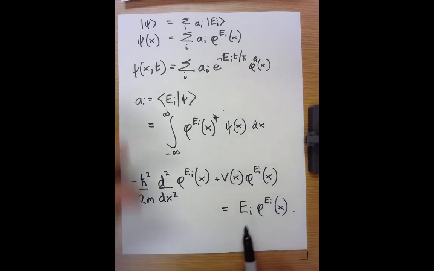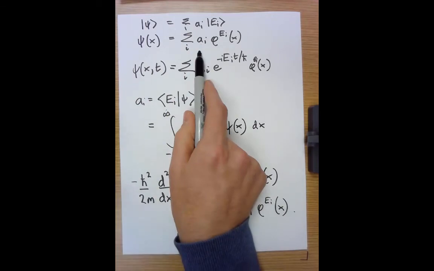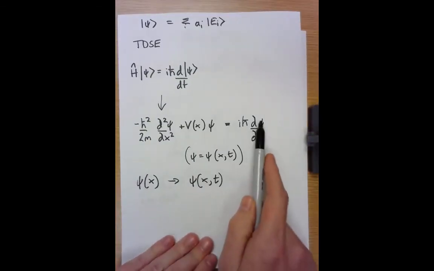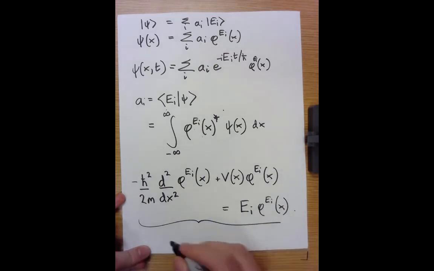You can verify yourself that this is what you get if you substitute this into the time-dependent Schrödinger equation. So this here is the energy eigenvalue equation.